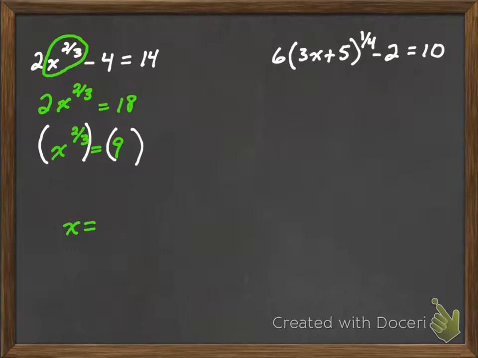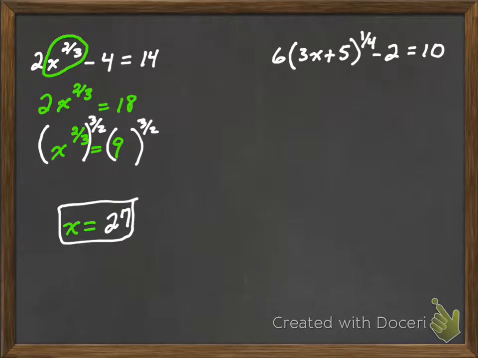So if we raise this to the 3/2 power, on both sides, we end up multiplying the exponents because we have parentheses. 2/3 times 3 over 2 gives us 1. So that's x to the first power. Now we have 9 raised to the 3/2, which means we're taking the square root of 9, which is 3, and then raising that to the 3rd power, which is 27.